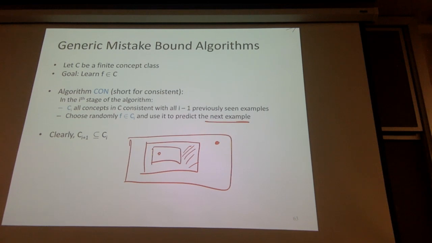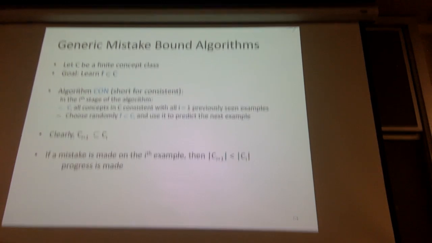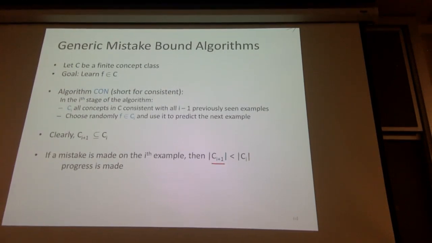What this means is, from this picture, at every iteration, the i+1 set of functions that are valid is clearly a subset of the previous set that we just saw. Which means, if it makes a mistake, the set of functions is going to be a strict subset of the previous functions.